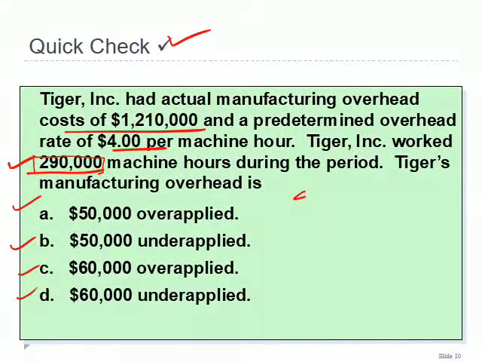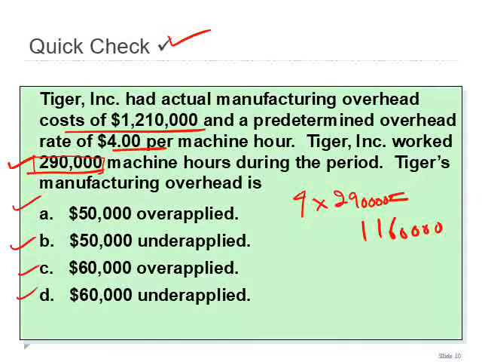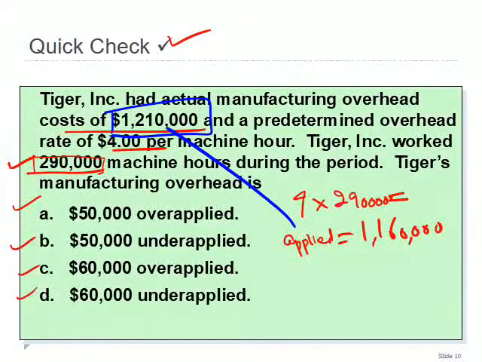So applied manufacturing overhead based on actual activity of 290,000, let me calculate it first, 4 multiplied by 290,000 is 1,160,000. That would be their applied, and the actual is 1,210,000.